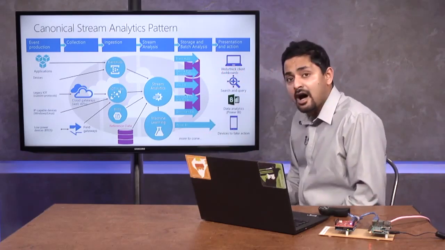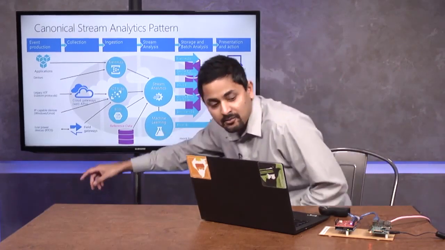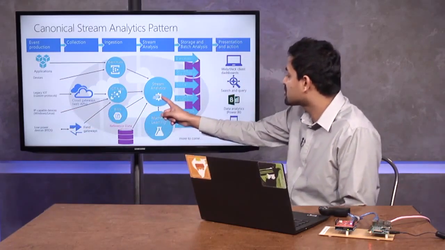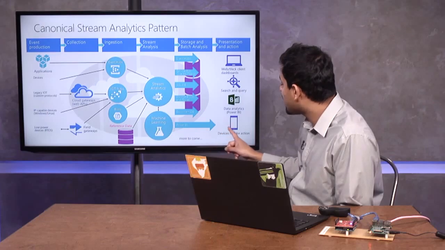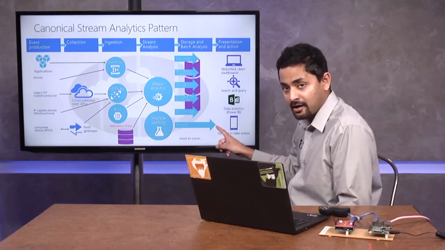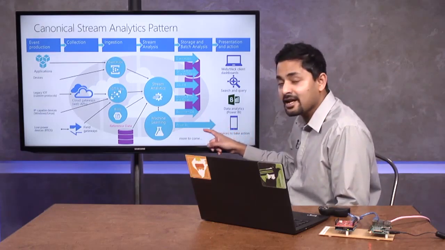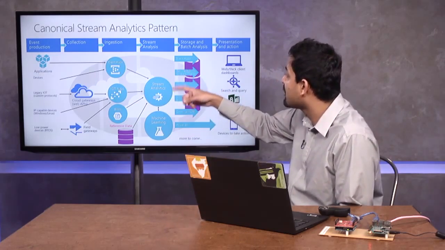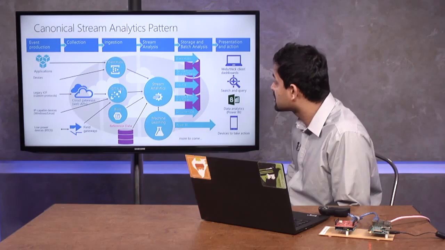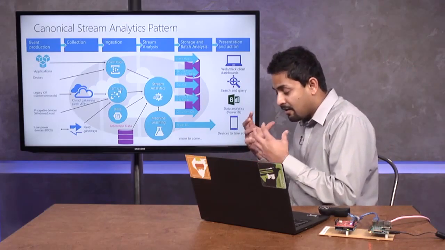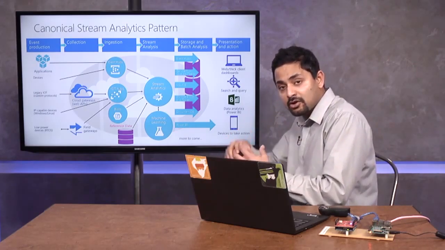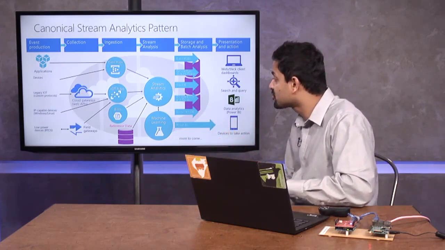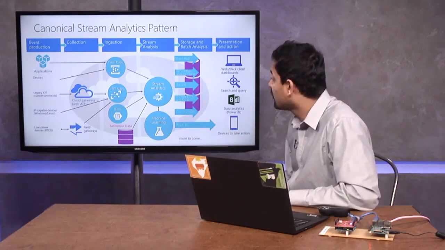For example, I will show you today, if I am getting data from sensors, how do I actually use Stream Analytics in order to do live dashboarding with something called Power BI? I will show you how I can take alerts. If I want to do alerting and taking actions, I can do things like pushing the data back into event hubs or service bus queues and topics, and then listen to those events in order to either send commands back or take an action on those commands, kick off a workflow.